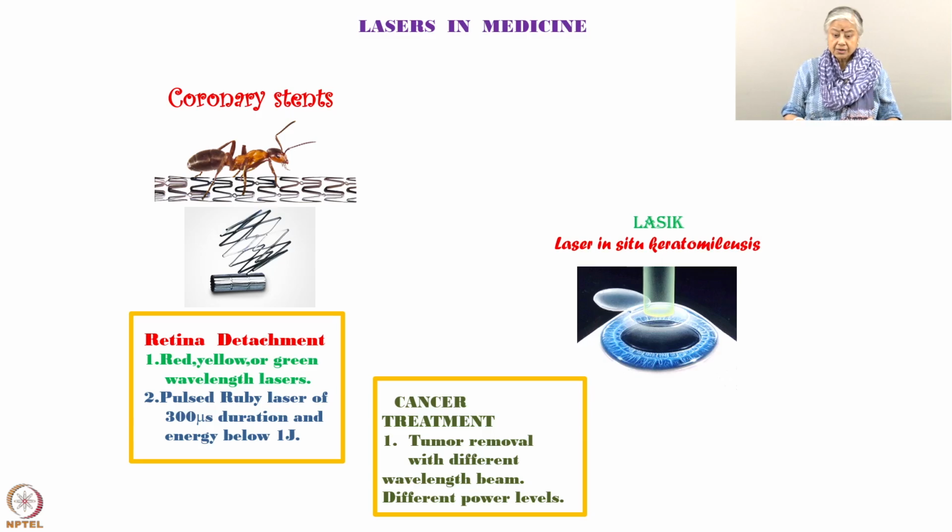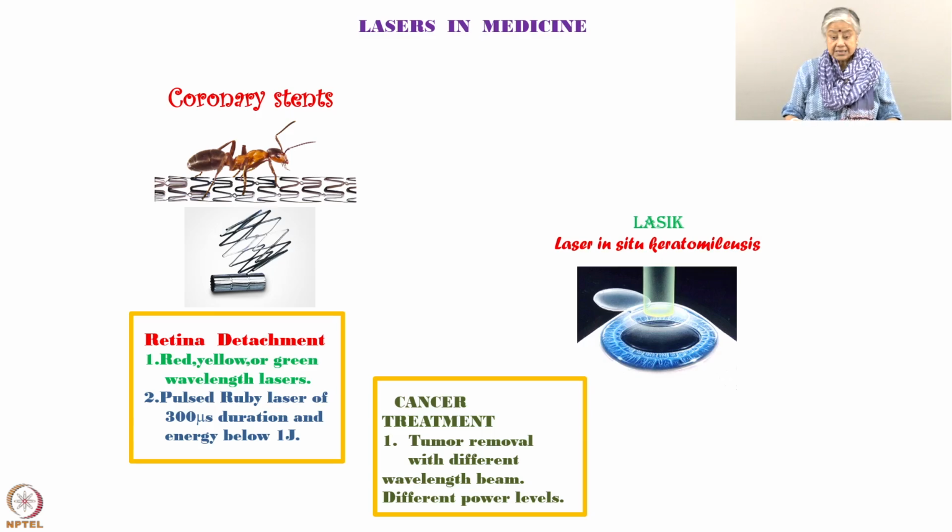And different power levels are used depending on the extent of the tumor, the spread of the tumor, and the type of the tumor. So, all that will give you which wavelength of the beam to use and how much power levels to be used.